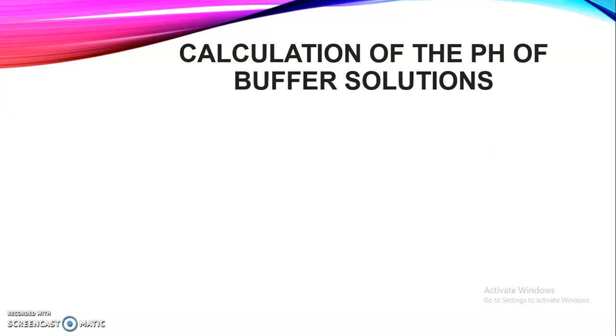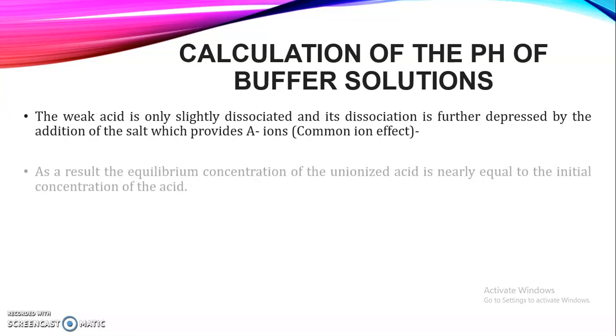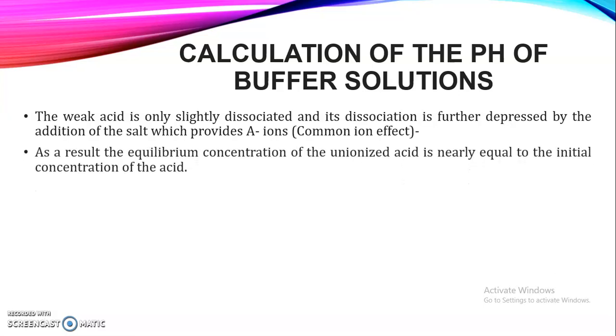Now the weak acid is only slightly dissociated, and its dissociation is further depressed by the addition of the salt, which provides the A- ions, due to the common ion effect. Because of this, the concentration of the unionized acid is nearly equal to the initial concentration of the acid.